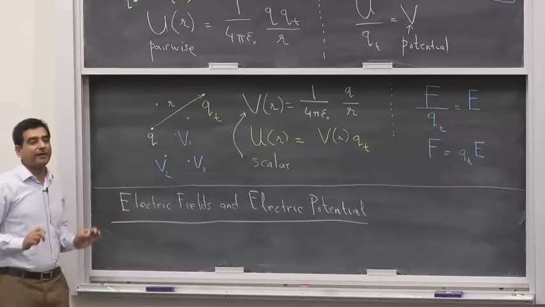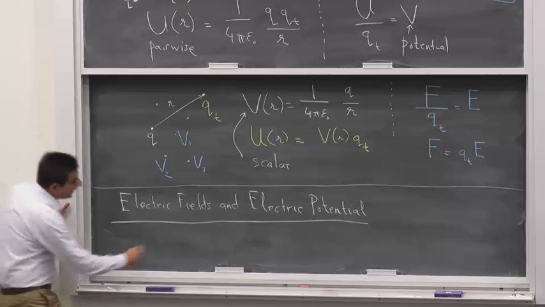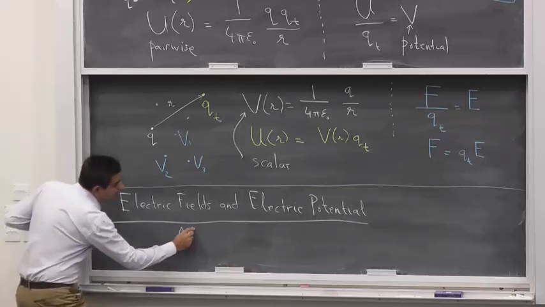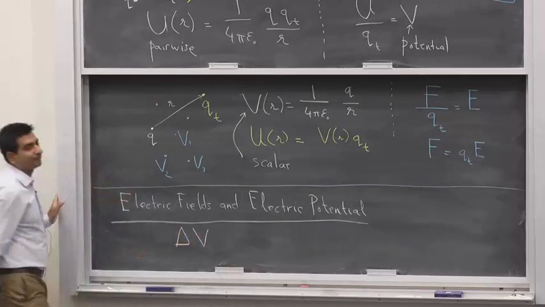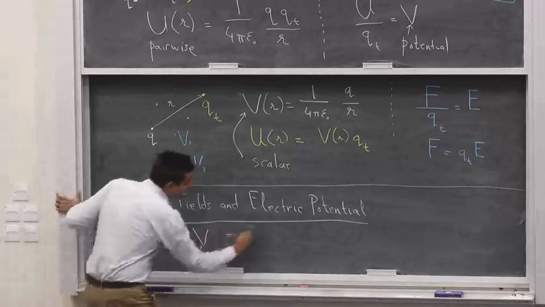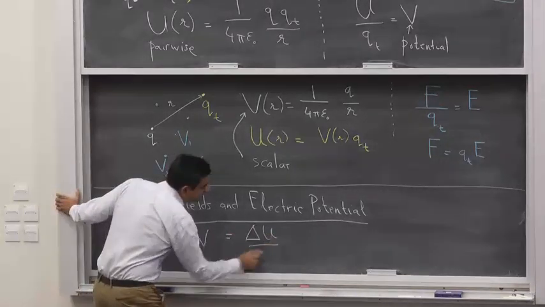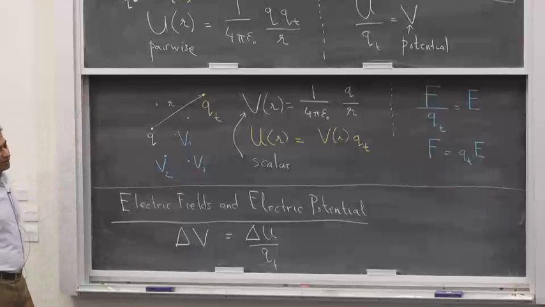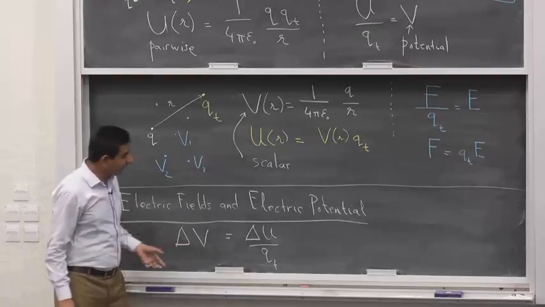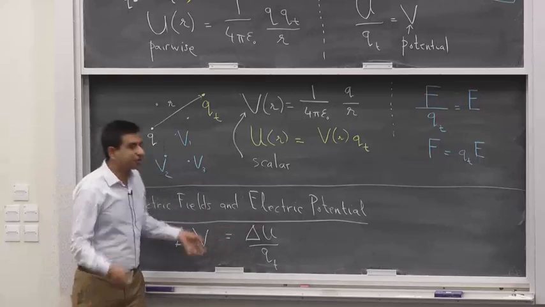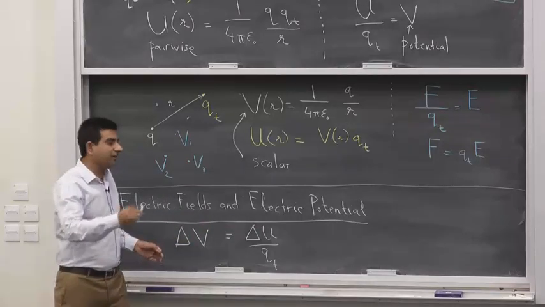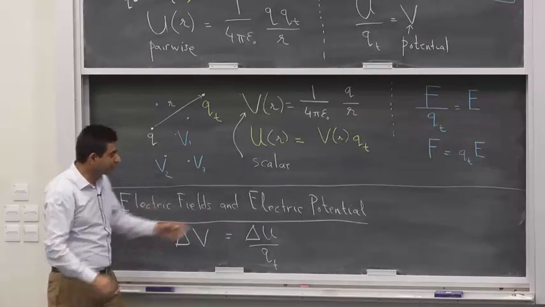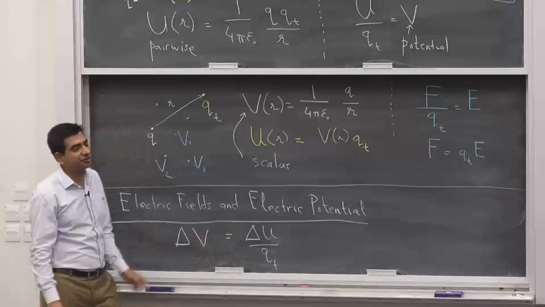Now we know that the change in the electric potential is simply going to be given by the change in the potential energy divided by Q test charge, right? So if you have a point charge, then you can simply take the change in potential energy due to the field from that point charge divided by the test charge, and you will get the change in the potential.